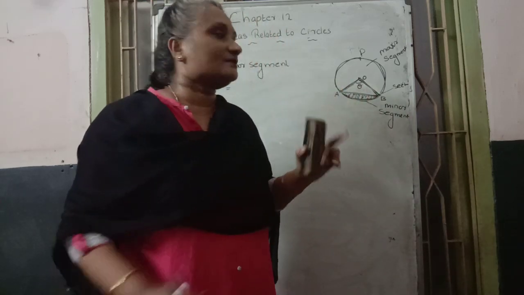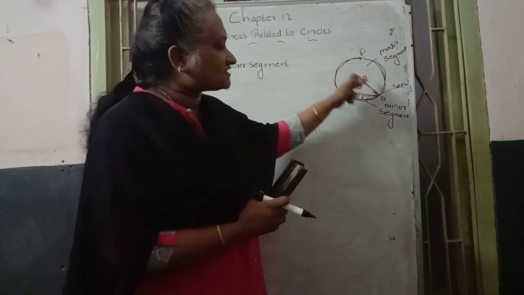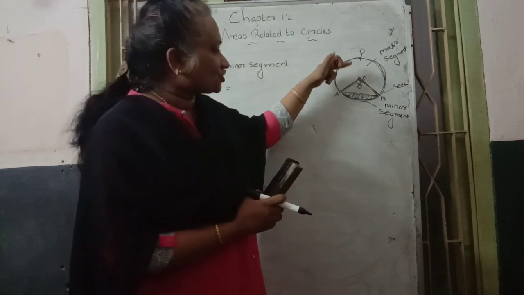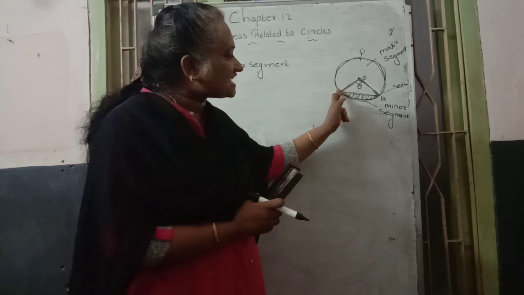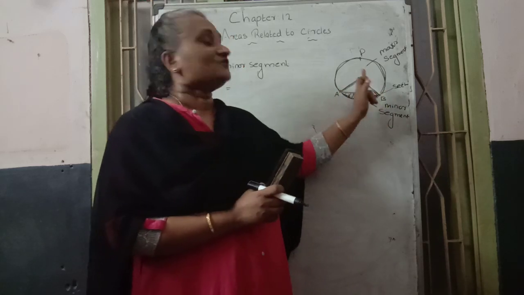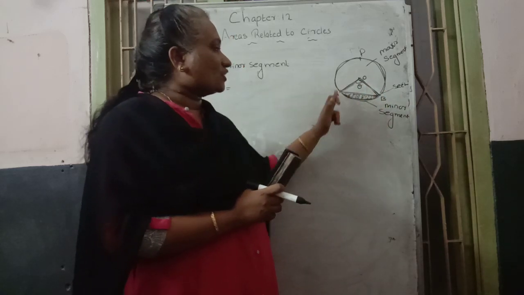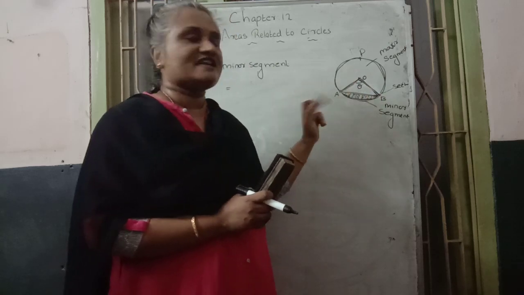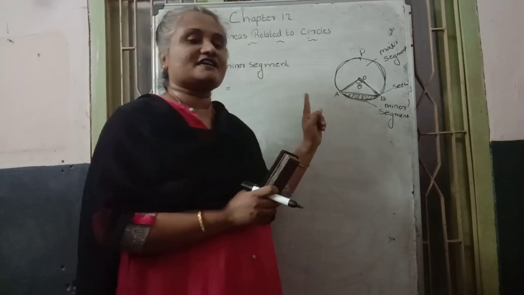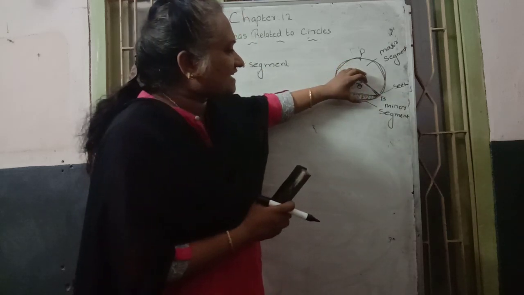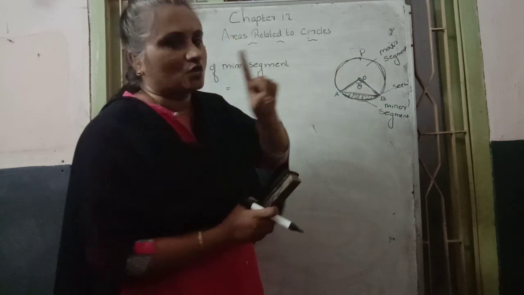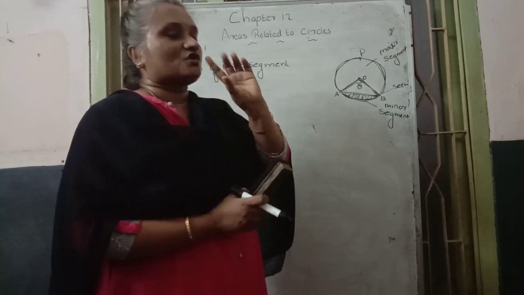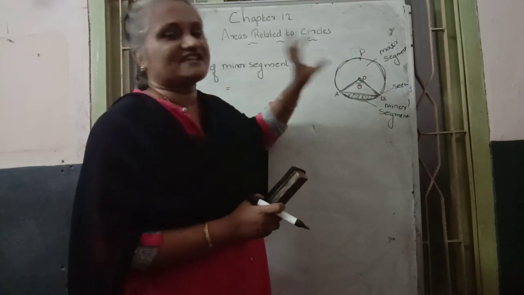How to get the minor part? Two radii, as we learned just before, and which is the arc? AB is the arc. Two radii OA and OB. Two radii and the arc joining region we call a sector. So sector means here a small sector only, not big.